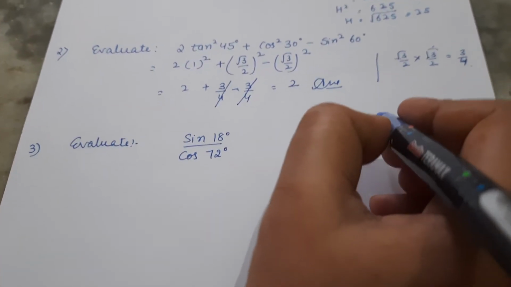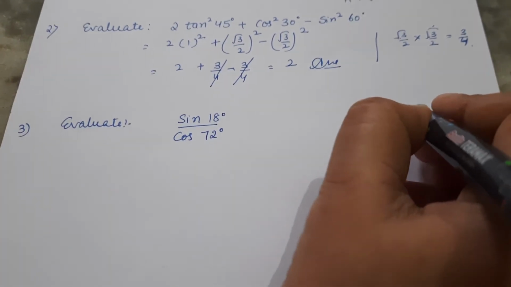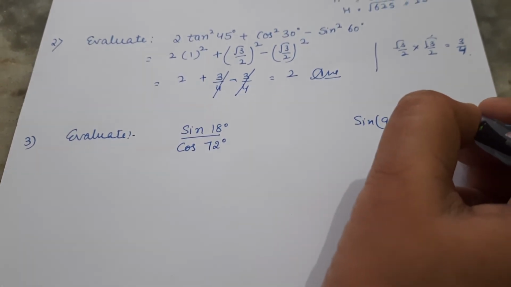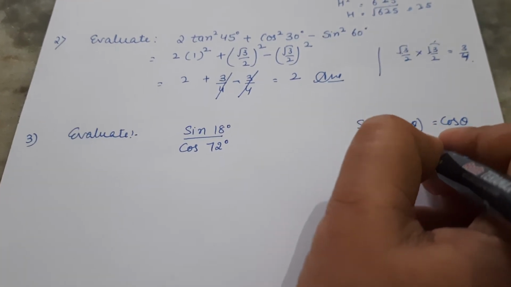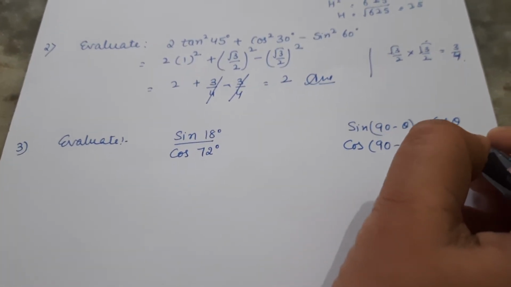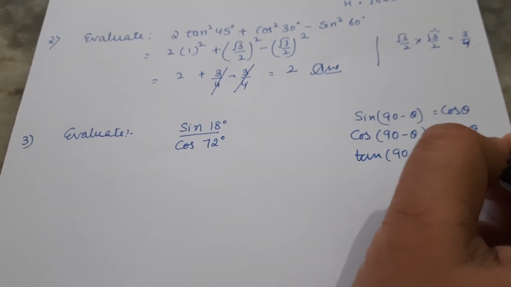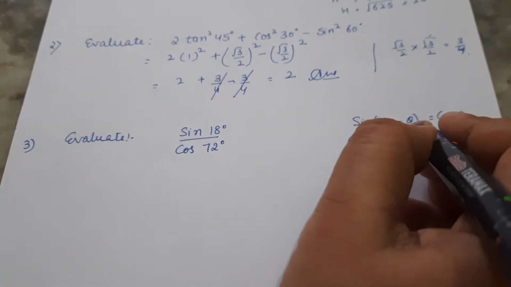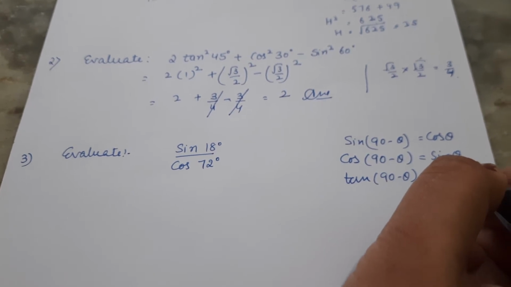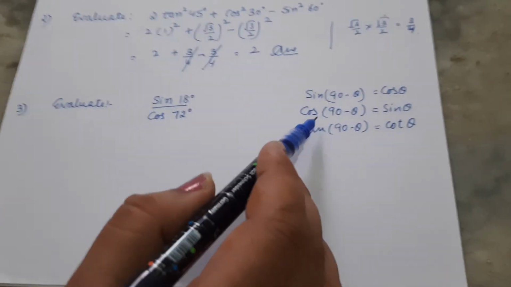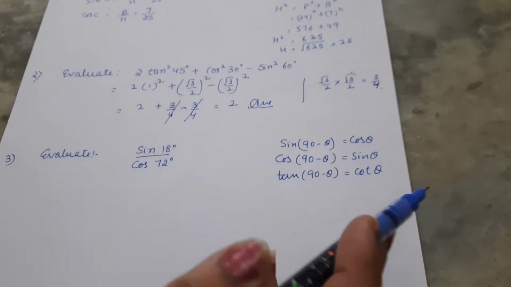As we already discussed in the video, sine of 90 minus theta is equal to cos theta, cos of 90 minus theta is sin theta, tan of 90 minus theta is cot theta, cosecant of 90 minus theta is secant theta, secant of 90 minus theta is cosecant theta, and similarly cot of 90 minus theta is tan theta, right?